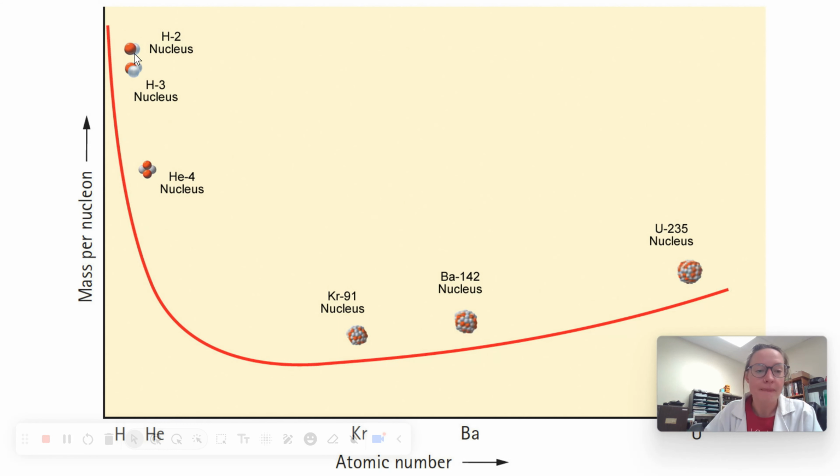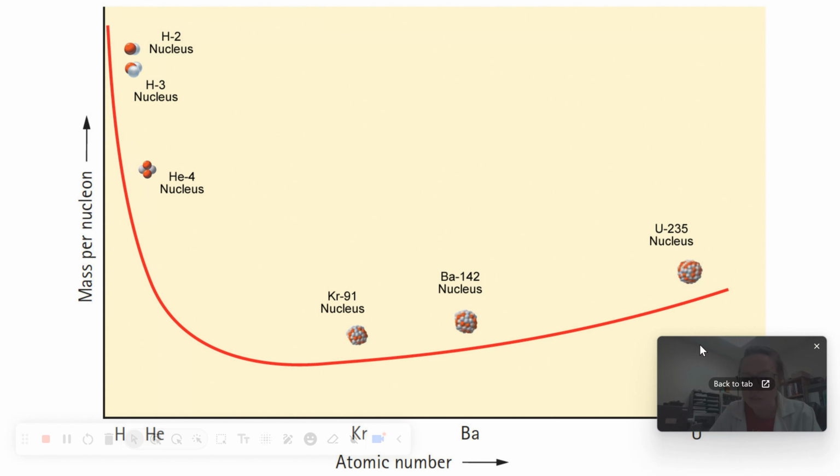Okay, here we go. Notice this section of the graph is way steeper than this section of the graph, which means that the mass of the protons and neutrons is changing more dramatically for nuclear fusion than it is for nuclear fission. Here you're going to get a huge change in the mass of the protons and the neutrons. Here you're going to get a slighter change if you look on just our y-axis.